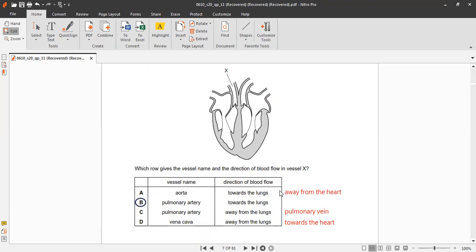And also here, away from the lungs is the pulmonary vein, and the vena cava is towards the heart. So the correct answer is the vessel name pulmonary artery, with the direction of blood towards the lung.